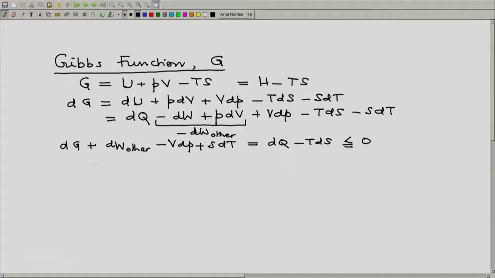And that means if you put dW other on one side, you will get dW other is less than or equal to minus dG plus VdP minus SdT.